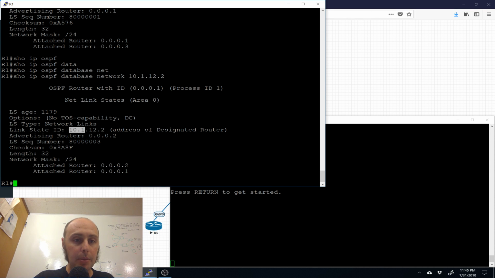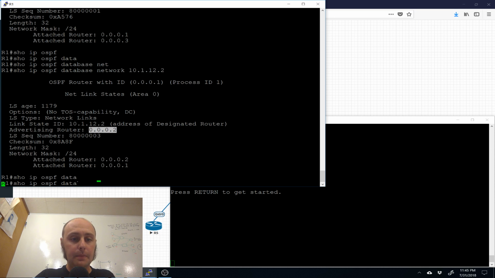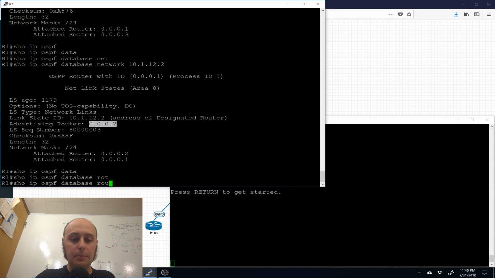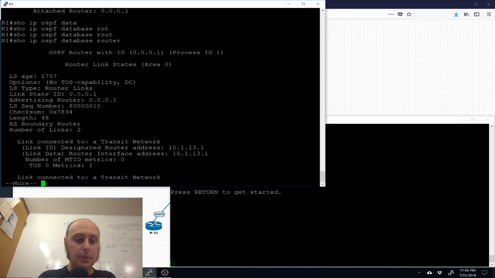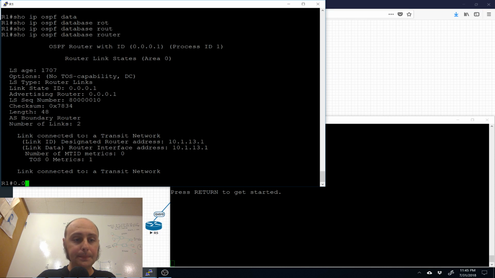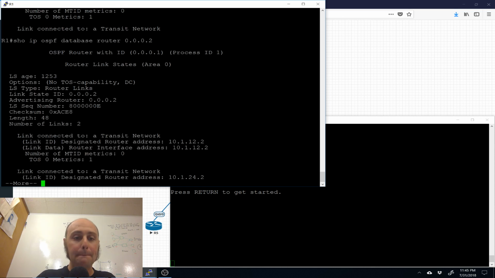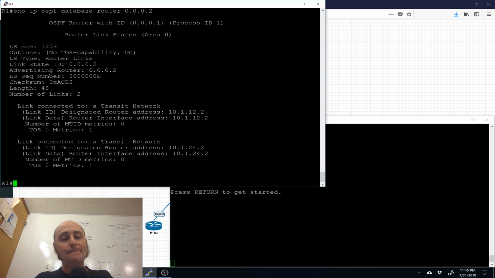So I'm going to grab router 2's router ID, show IP OSPF database router. Okay, and this is very similar to what router 1's router LSA looked like.